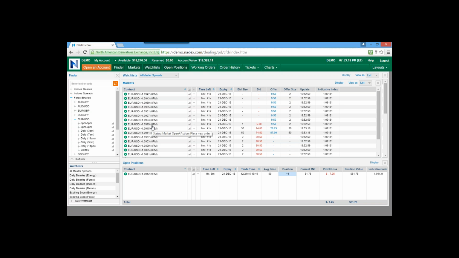It's called time decay or time erosion. Exactly. So even though you might have an indication that the market is going to move in a certain direction, you still want to make sure to have time in your favor. Okay? So that's an out-of-the-money binary.